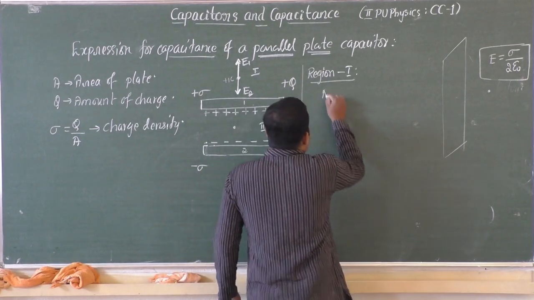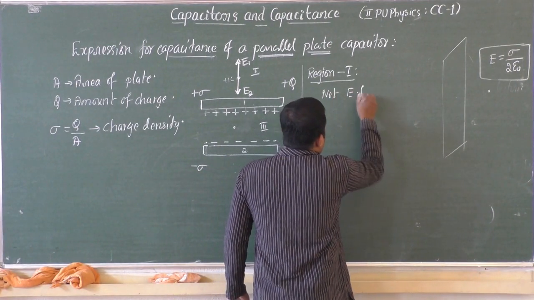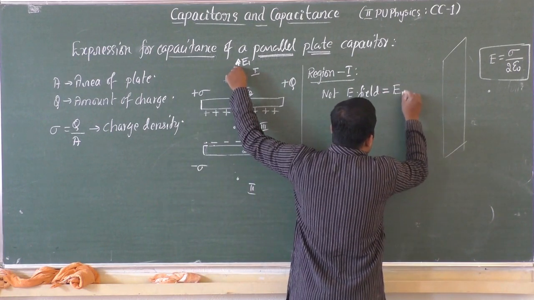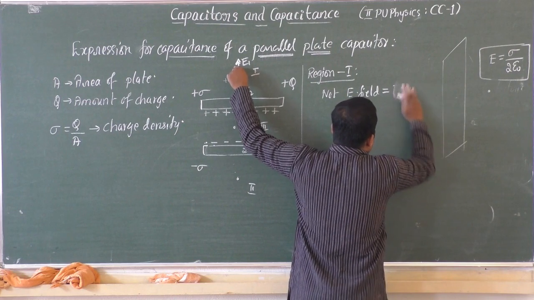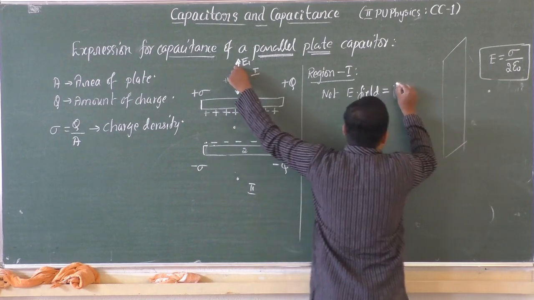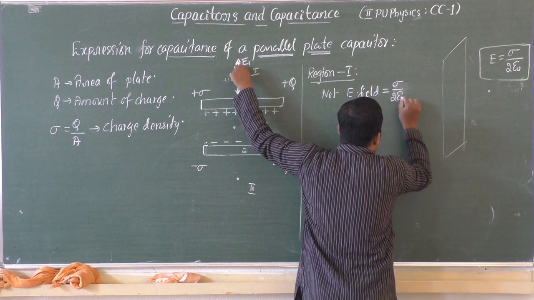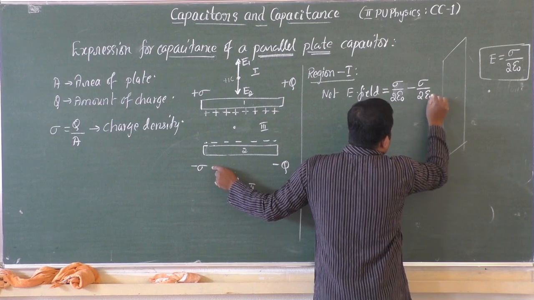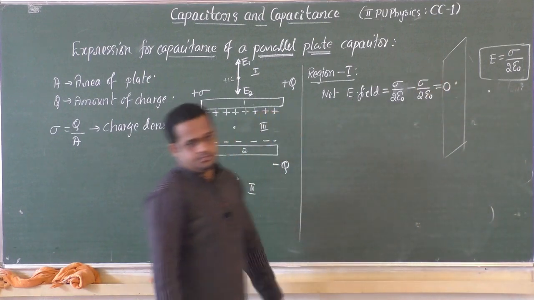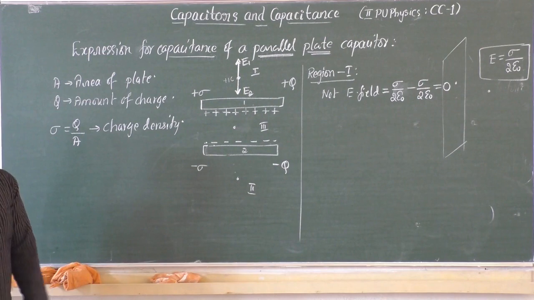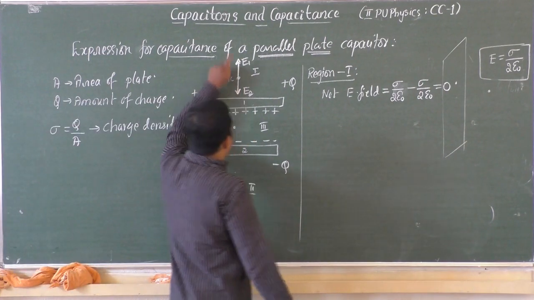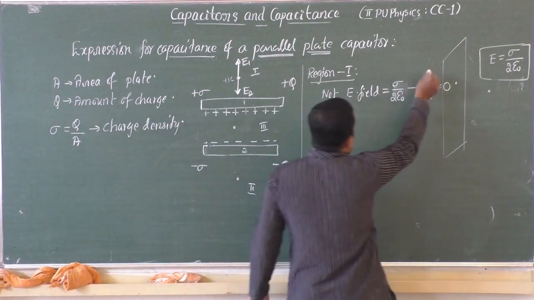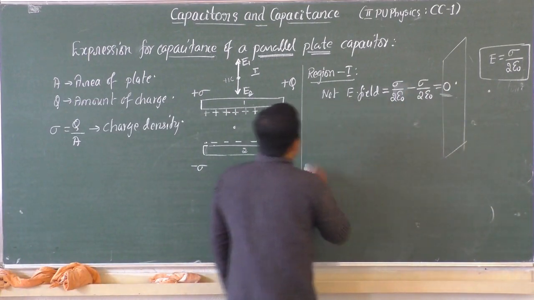In region 1, net electric field is E1 in upward direction minus E2, so I will write sigma divided by 2 epsilon naught due to the first plate, minus sigma divided by 2 epsilon naught due to the second plate, which is equal to 0. One electric field is in upward direction and another is in downward direction, so E1 minus E2, net electric field is equal to 0.